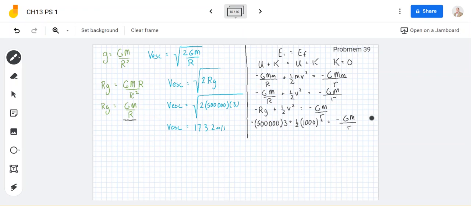Now, if I don't know the mass, I can't find this r value. I can get a value for the left side, though.